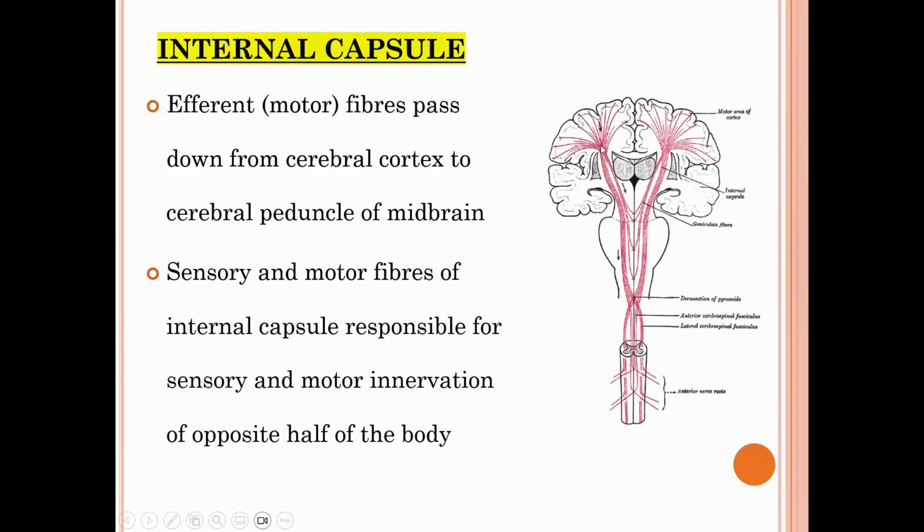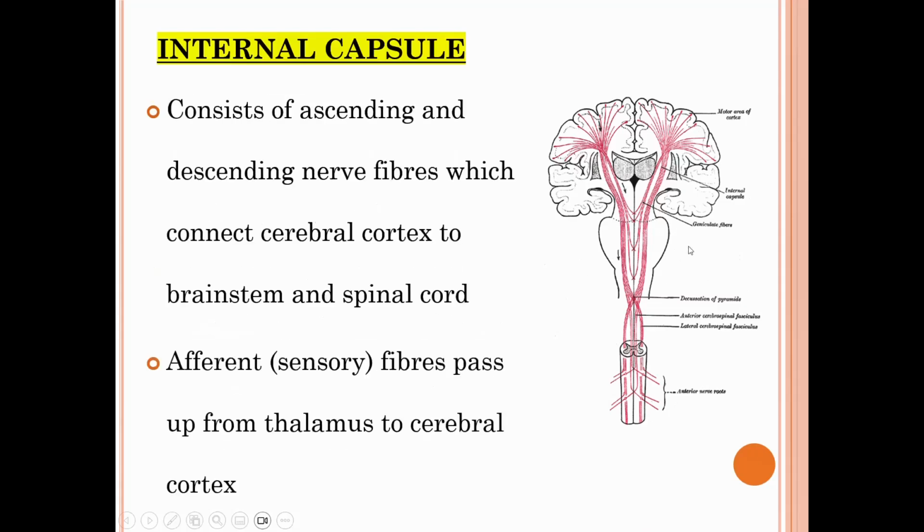First they will pass through the corona radiata, then through the internal capsule, and from here they will pass through the cerebral peduncle, then through the crus cerebri of the midbrain, then through the basilar part of the pons, and then through the medulla, and ultimately they will go to the spinal cord.